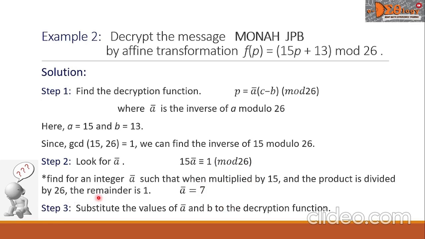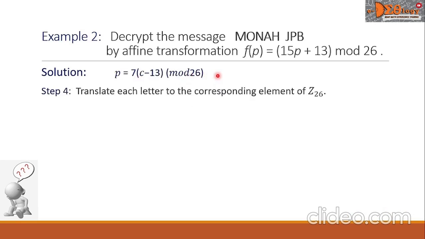Step 3. Now we substitute the values of a bar and b to the decryption function. This is our function. So it becomes like this. P is equal to 7 times the quantity c minus 13 mod 26. Let us copy this new function on top here. Now let's go to step 4. Translate each letter to the corresponding element of Z sub 26.